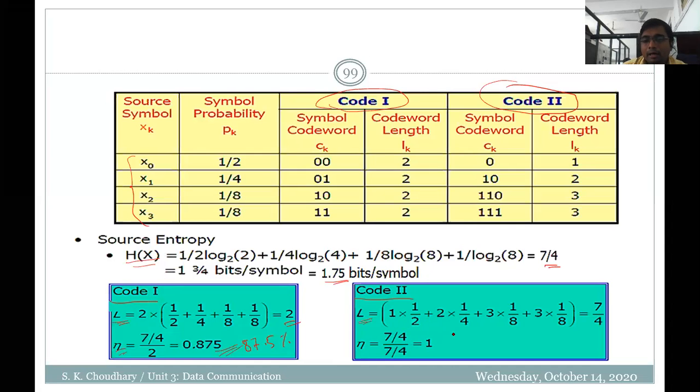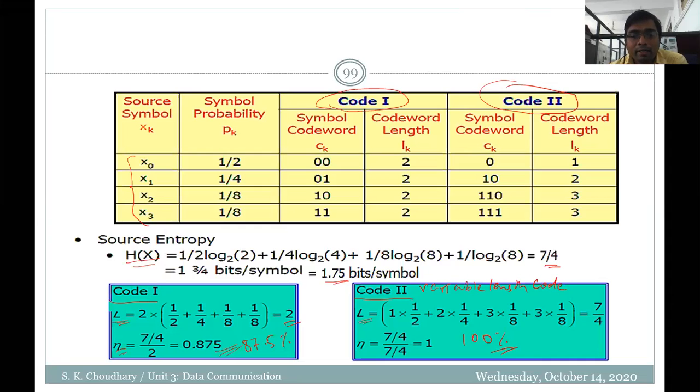But when you refer to code 2, the variable length code, the entropy and L would be the same, so your efficiency eta would be equal to 1, that means 100%. So in this way we can say that code 2, the variable length code word, is a more efficient technique as compared to the fixed length code.